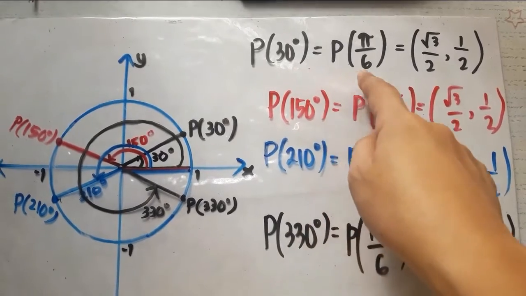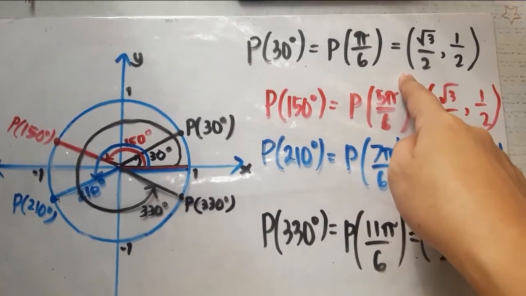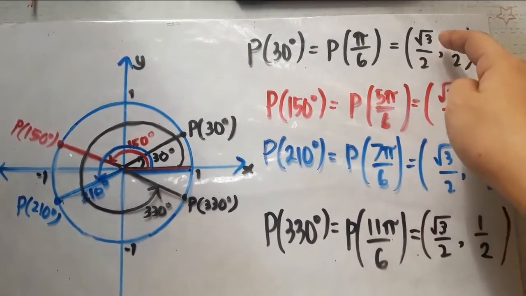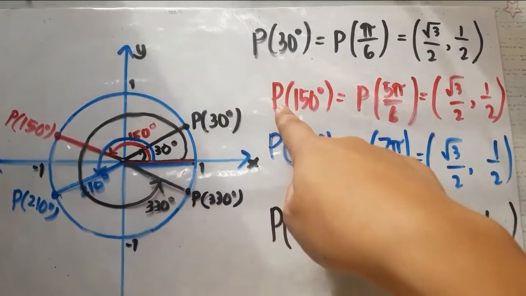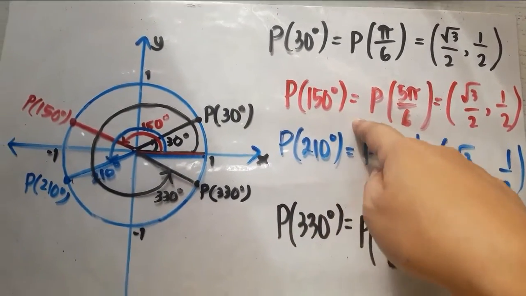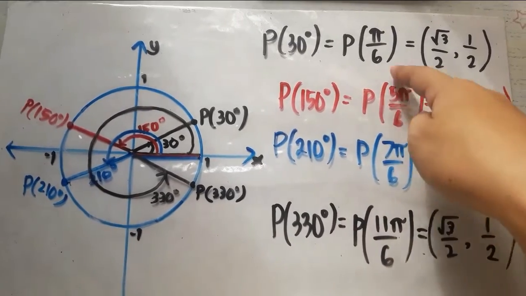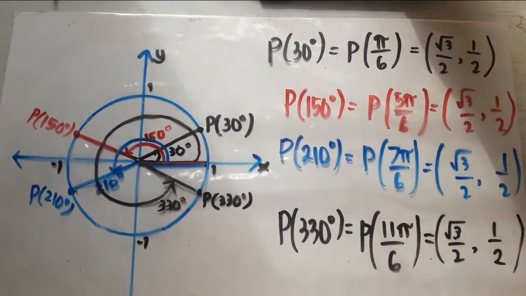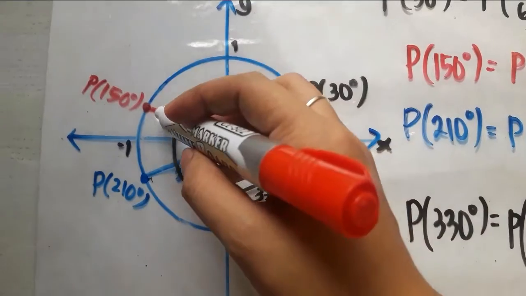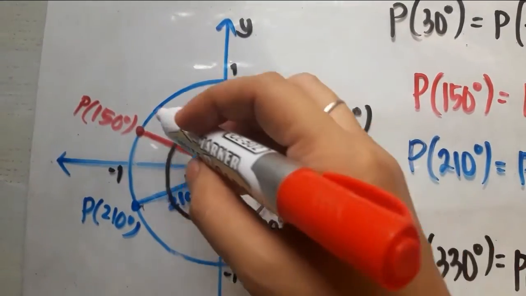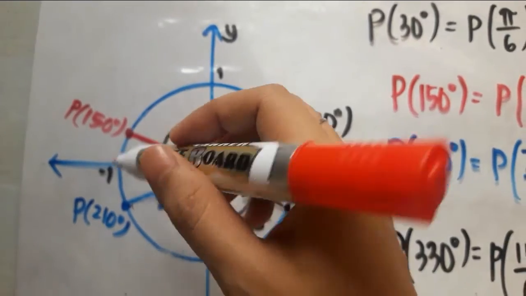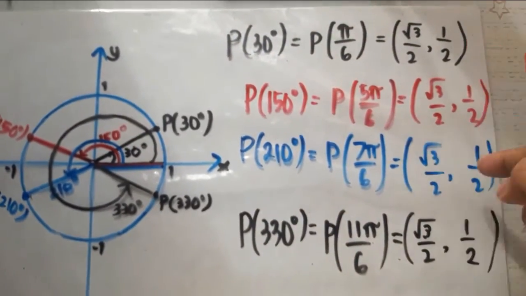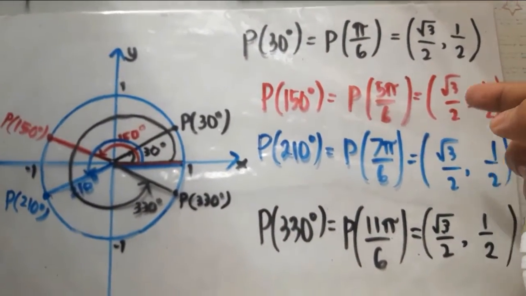30 degrees equals P of pi over 6, which has the coordinates square root of 3 over 2 and 1 half. Now, we have P of 150 degrees equals P of 5 pi over 6. It's equivalent in radian measure. Notice that if we draw 150 degrees on the Cartesian plane, its reference angle is 30 degrees. So we base the coordinates on the reference angle of the given angle.